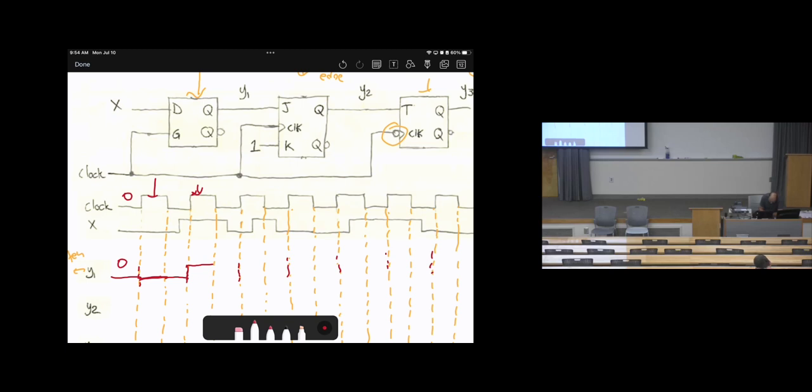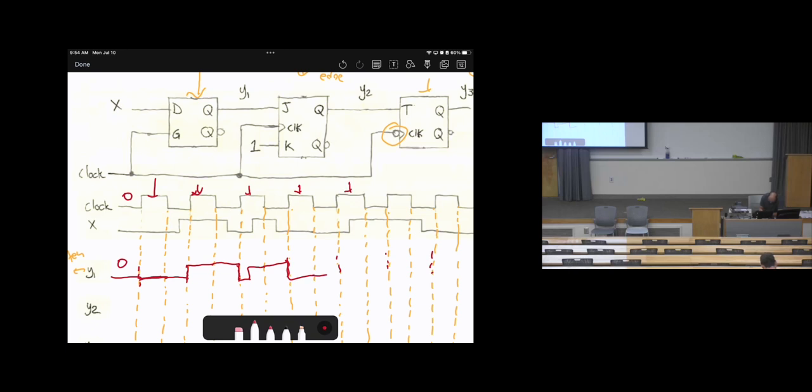Then in this area it will hold. The next update happens here, so it will go back to 0. Then we copy the waveform, then it will hold. On the next update here, it will go back to 0, then hold.